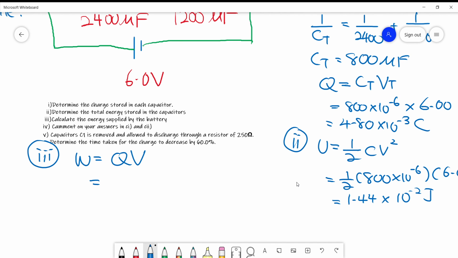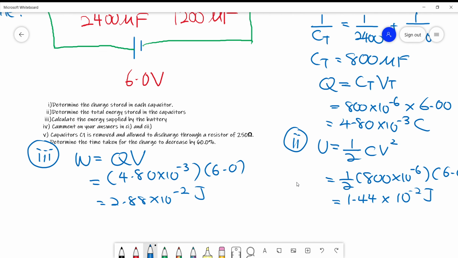So my Q basically is 4.8 times 10 to the power negative 3, and this is 6. So what I get is 2.88 times 10 to the power negative 2 joule. So this is the answer for question number 3.